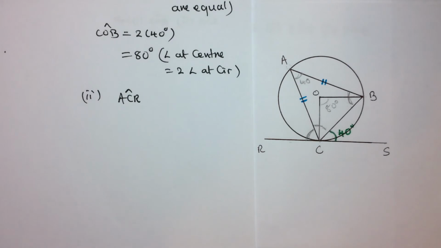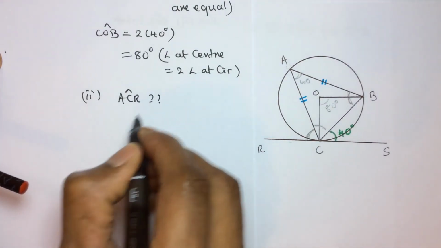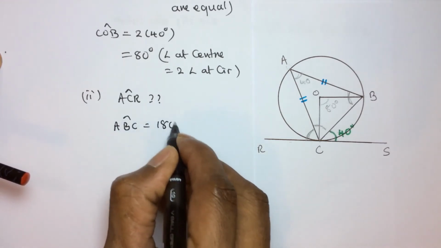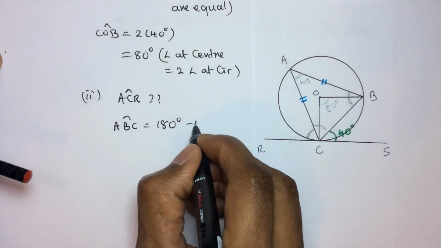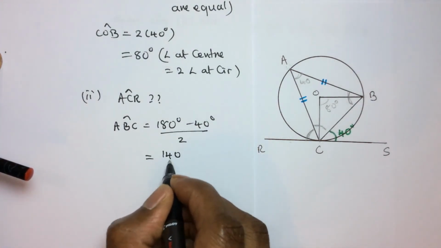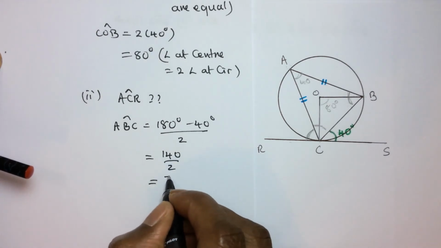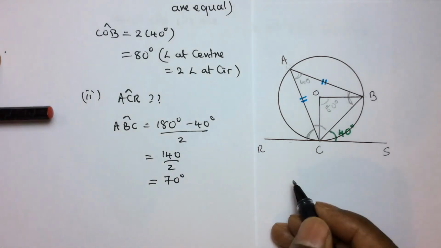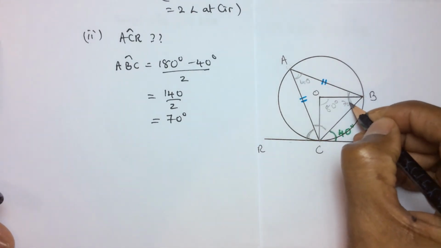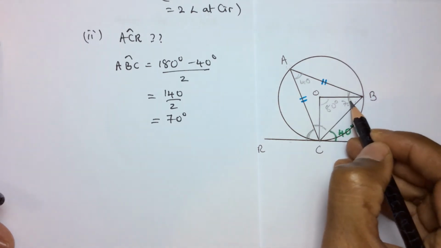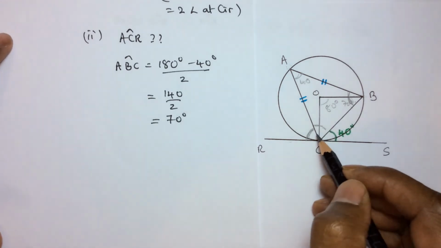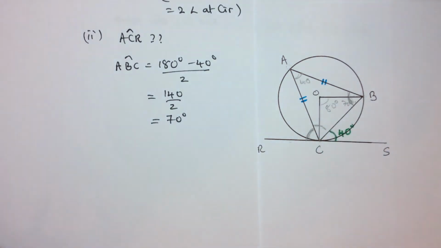So let us first find ABC. We know that ABC is equal to 180 minus 40, divided by 2. That is 140 divided by 2, which is 70. Now, we know that this is 70, and angle B is equal to angle ACR as they are angles in alternate segment.